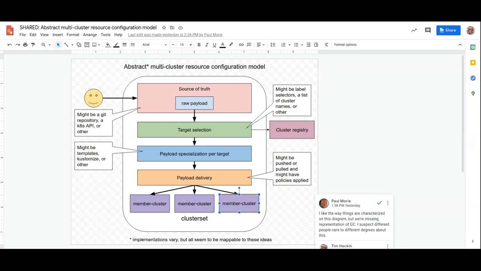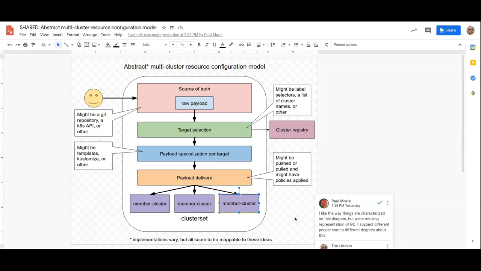Since you noted on here that source of truth might be a Git repository, might be the Kubernetes API, just maybe another little call out that payload can have many forms too. Okay, that's great feedback, and that one's easy to integrate.